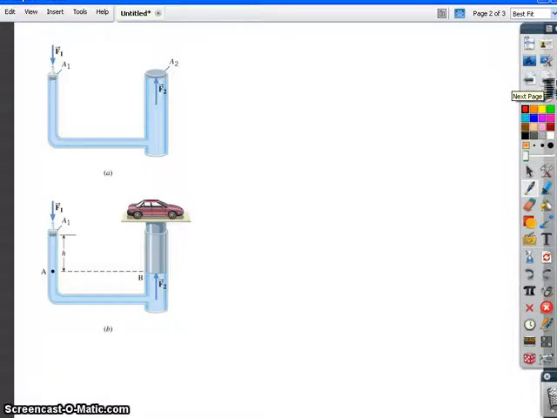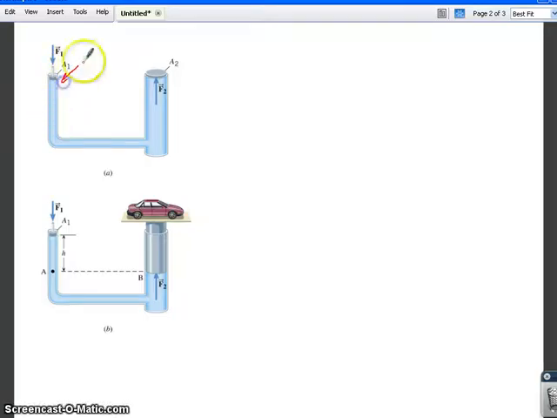Because let's just say the area of this tube right here, let's just call this 1 meter squared. Okay? And let's say the area of this thing is 5 meters squared. Well, so if I apply a force of 1 newton on this side, 1 newton over 1 meter squared, that's a pressure of 1 Pascal.